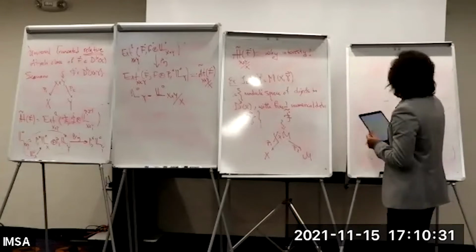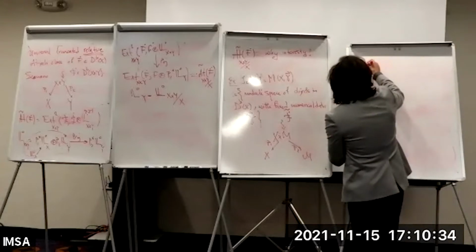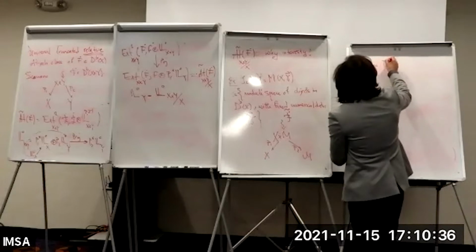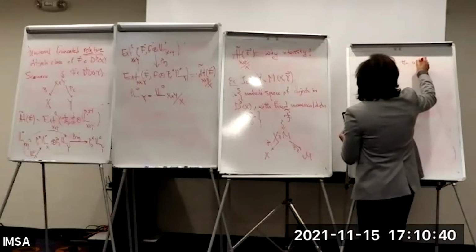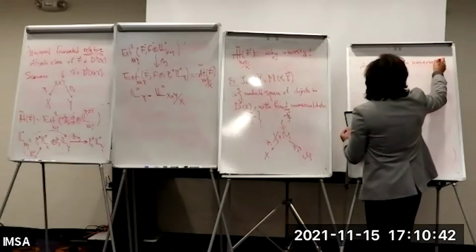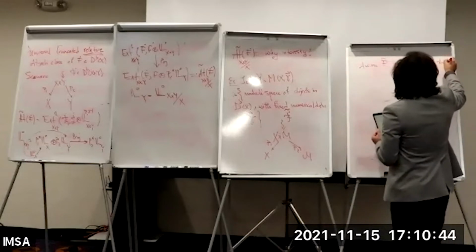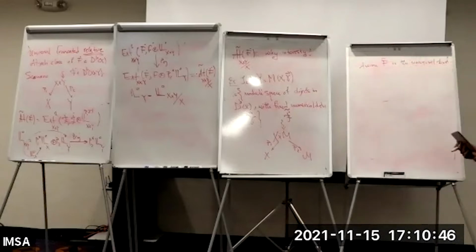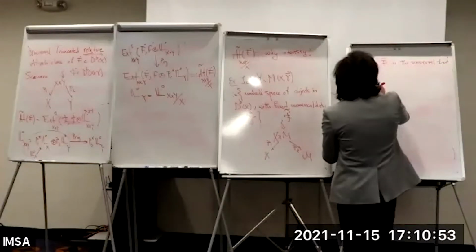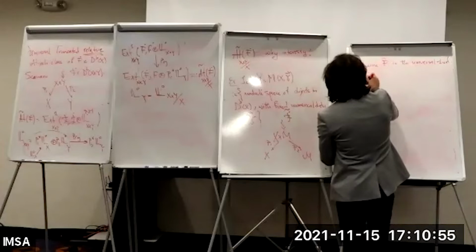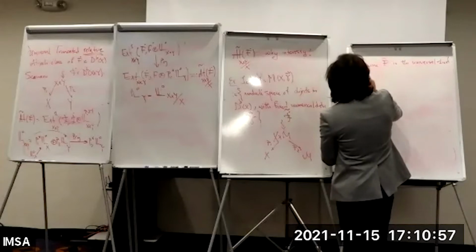For the sake of simplicity, assume for now that F universal is the universal sheaf, but of course you can extend it to objects in the derived category without loss of generality. So if you have that, then I can just write down the universal relative Atiyah class.